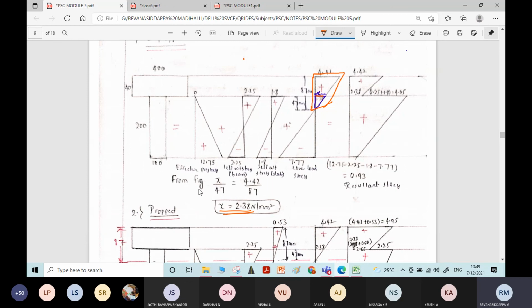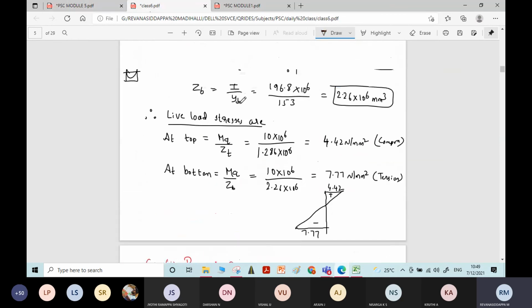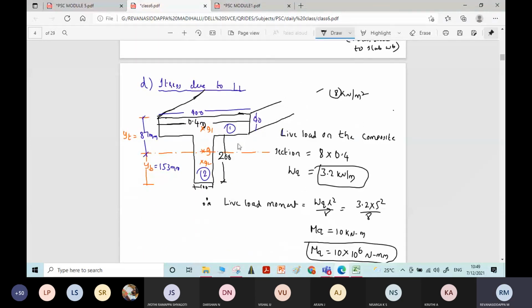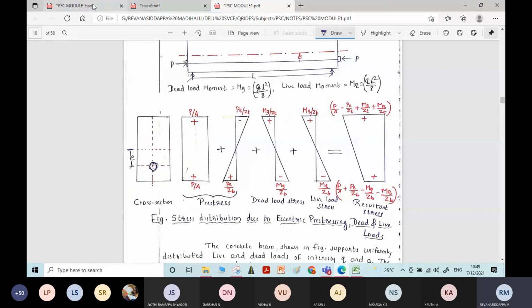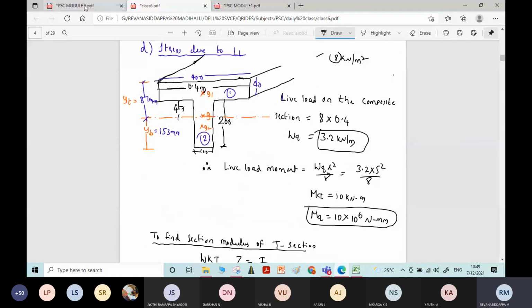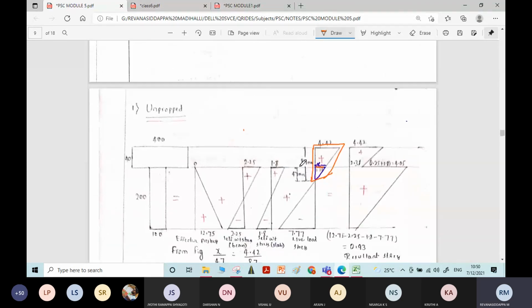How did you get 47? Looking at the figure, this side: total 87 minus the depth of this beam, 40. If you do that, you will get 47. That 47 I have written here in the diagram.